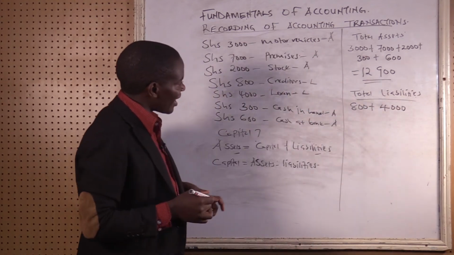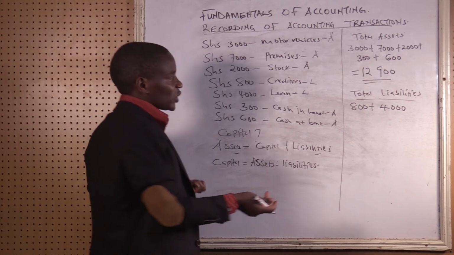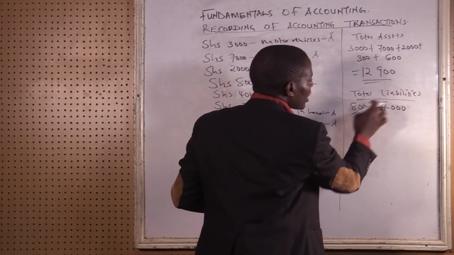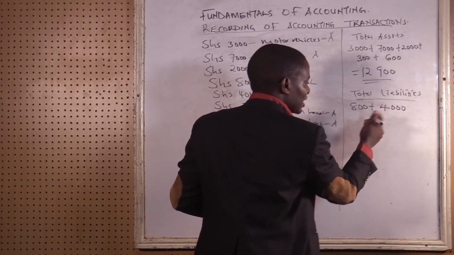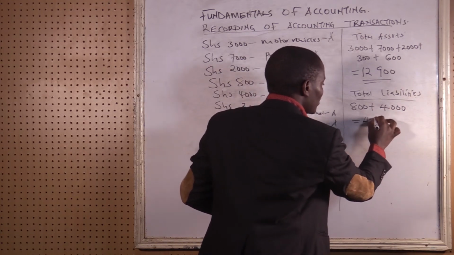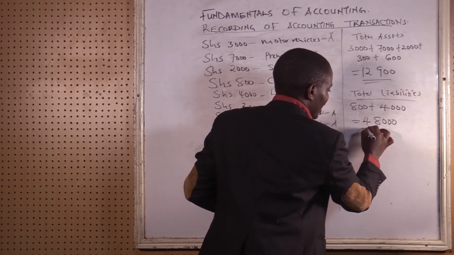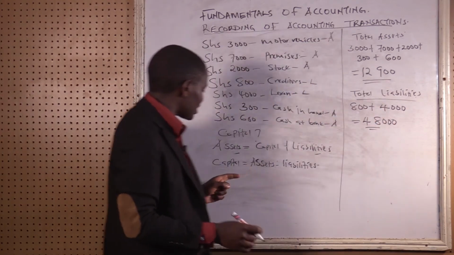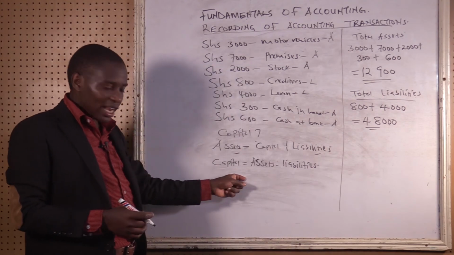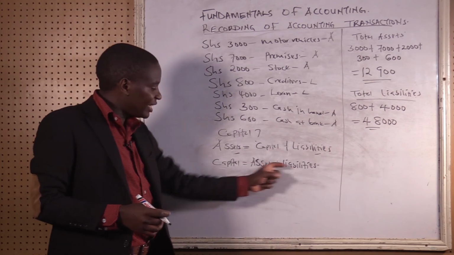Do you have any other liabilities? No. So our total liabilities will be 800 plus 4,000, and we get 4,800.